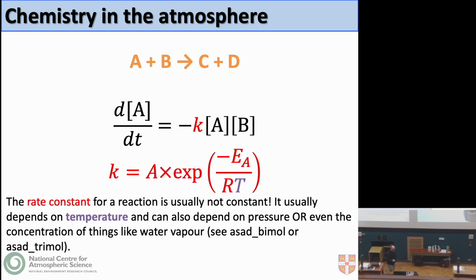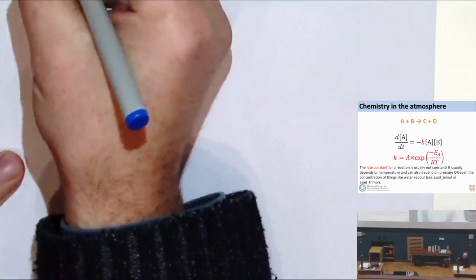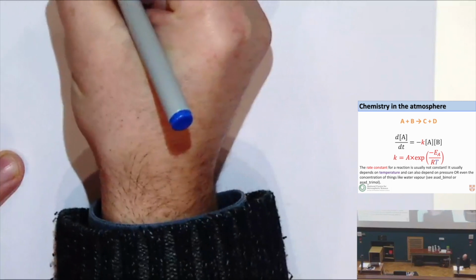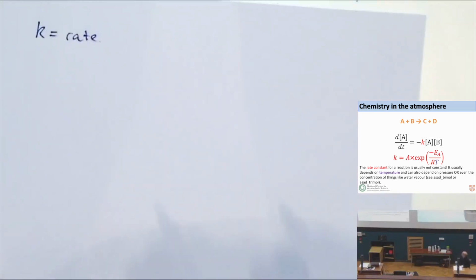So coming on to these rate constants, and this is where I realized that if you don't do a lot of chemistry, now you'll get confused, because I've got 2 A's. So when it comes to these rate constants, they're not really constant. So K is a rate constant. Can you see this?